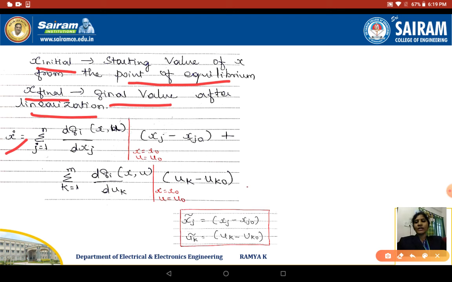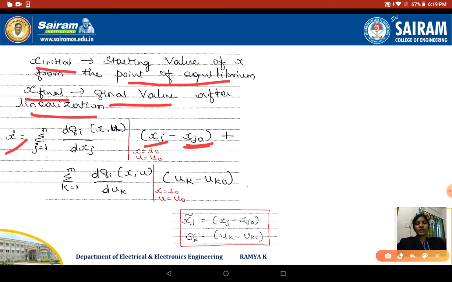So we get ∂fi/∂xj at (x0, u0) times (xj minus xj naught). It is nothing but the final value minus the initial value. The final value is the value obtained after initialization. The initial value is the one obtained at the point of equilibrium.